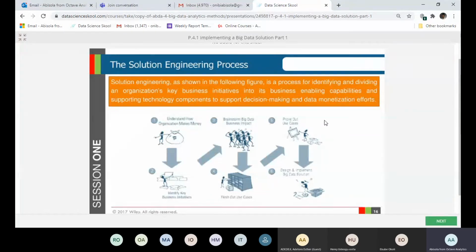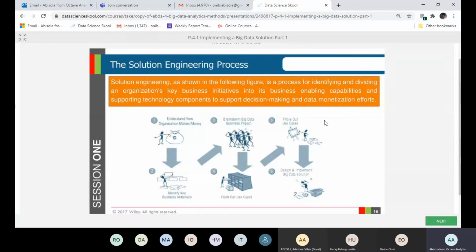This is the part where you use all of the knowledge you've gained so far to derive big data solutions that will help improve an organization's business process while still relating to the key business initiatives of the organization. So you have to keep in mind the key business initiatives of the organization while you are deriving a big data solution for the company.